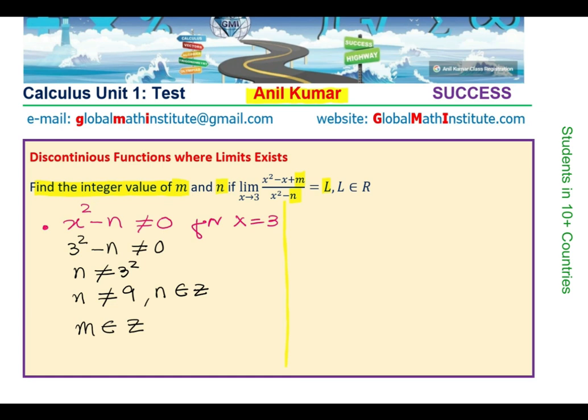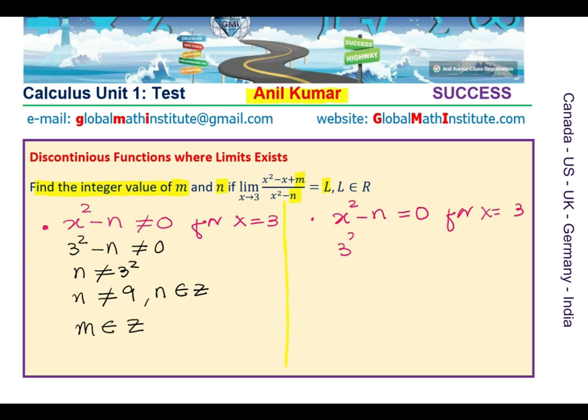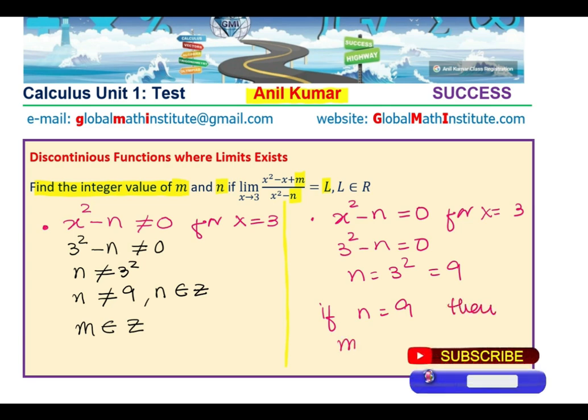Okay. Now let us take case 2. Case 2 is when x squared minus n is equal to 0 for x equals 3. It means that 3 square minus n is equal to 0, n equals 3 square, or 9. So if n equals 9, then what is the value for m?